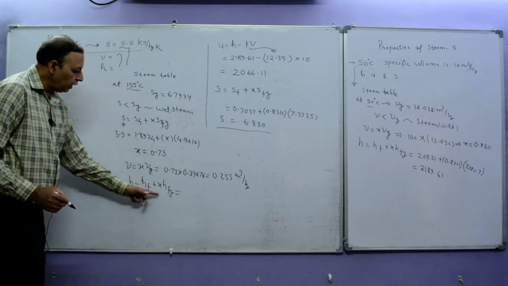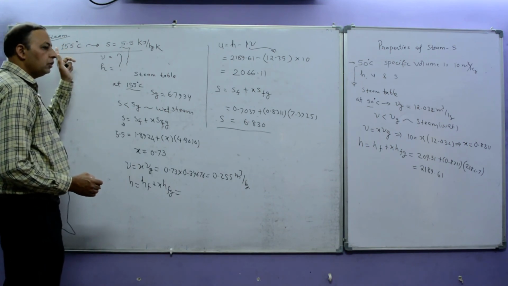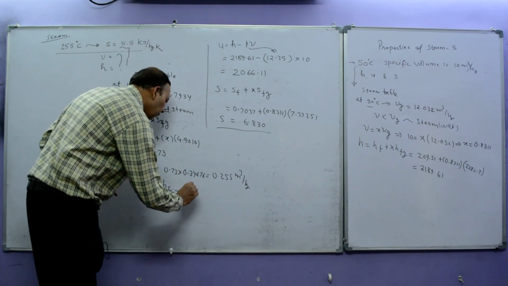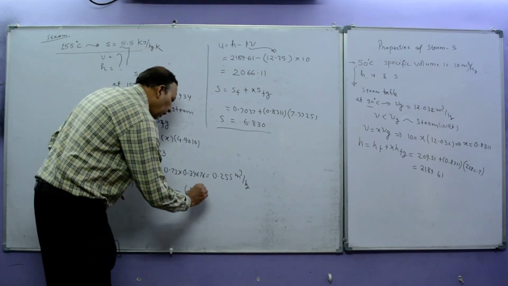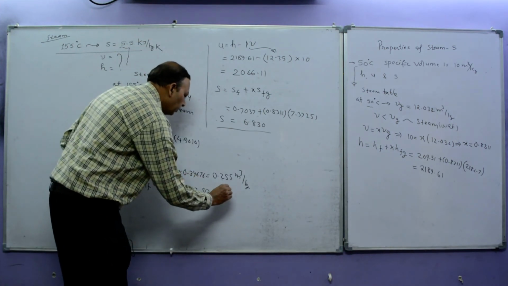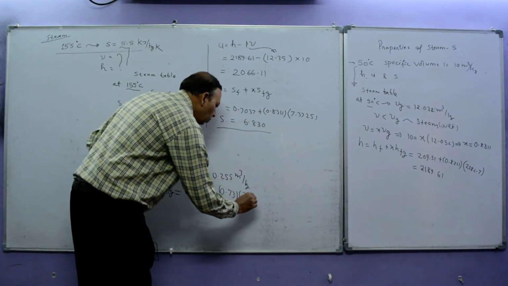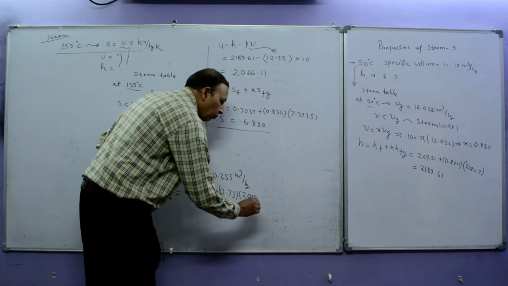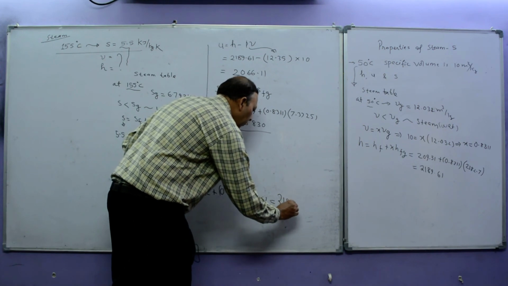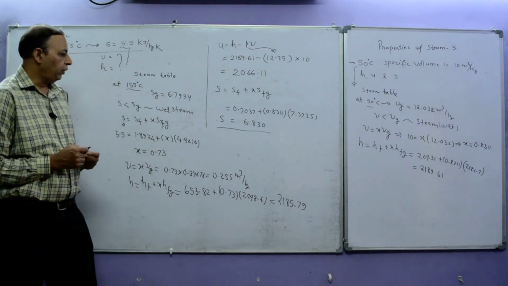Value of HF and HFG you will get from steam table at 155 degrees Celsius, because this is the given condition. So HF is 653.82 plus value of x is 0.73 multiplied by HFG, that is 2098.6. This you will get 2185.79 kilojoule per kg.